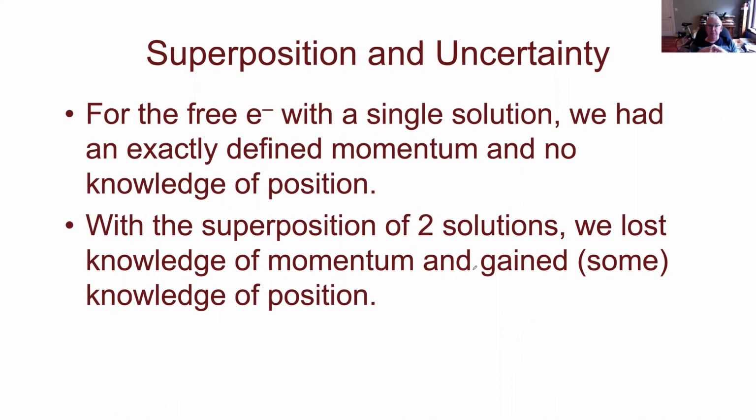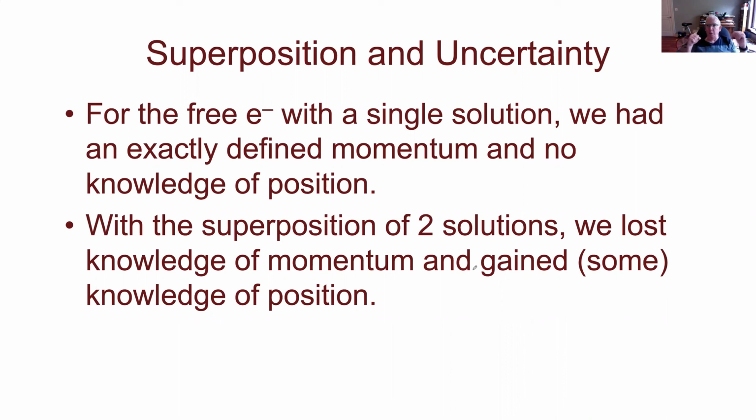In the case of my superposition, with two wave functions in that linear combination, I lost knowledge of the momentum, right? Because if you actually, we'll look at in the future a way to find the average momentum of that state, and it turns out to be 0. Very loosely speaking, the reason for that is the e to the ikx wave function and the e to the minus ikx wave function correspond to the electron moving in opposite directions from one another, right?